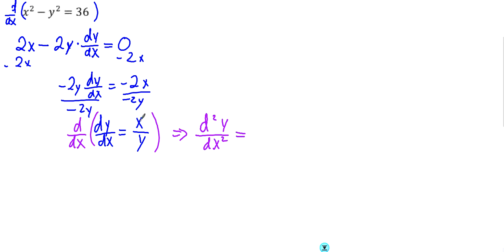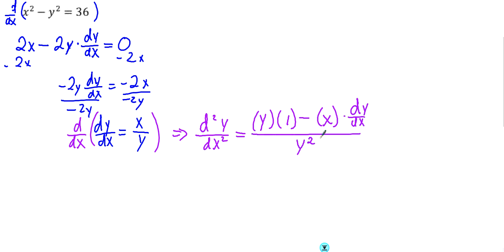But now I'm taking the derivative of this side, which means I do quotient rule. Quotient rule is low, bottom one, y, times the derivative of high, which is 1, minus the top function times the derivative of the bottom, which is dy over dx, all over the bottom squared. So here is my derivative.